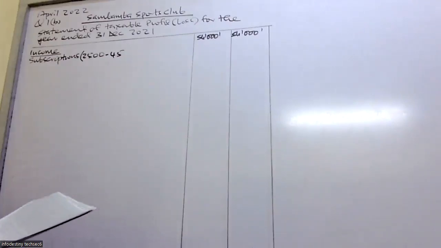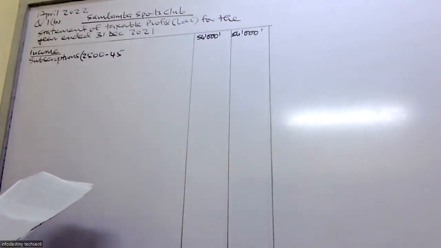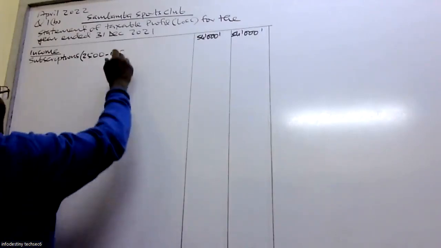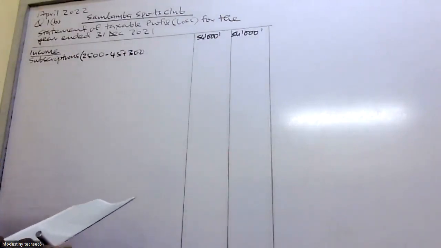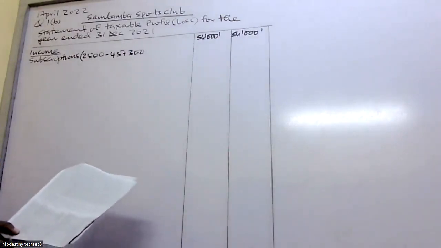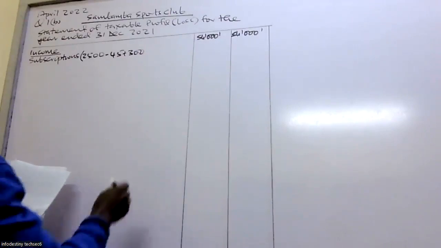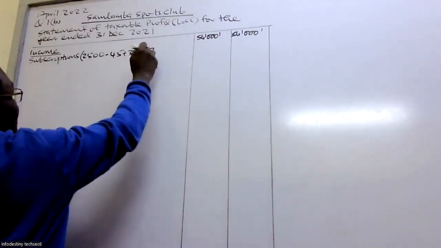Then you go to note number 2. We have 2 entries there. Subscriptions in arrears was 300, so that's an accrual by the end of the year. Then by the end of the year, there are subscriptions in advance of 85. We subtract 85.